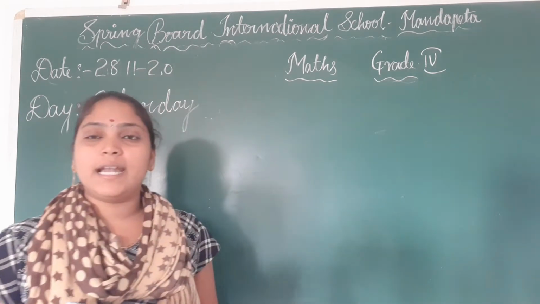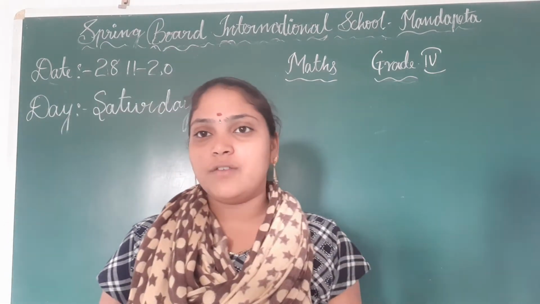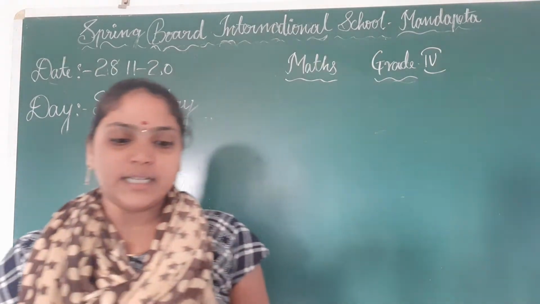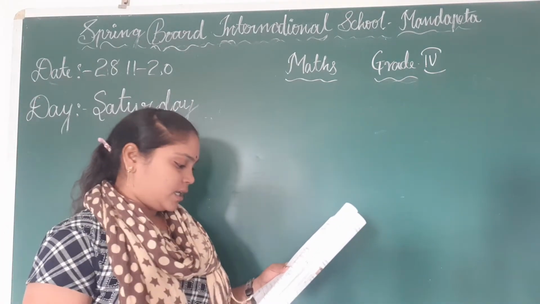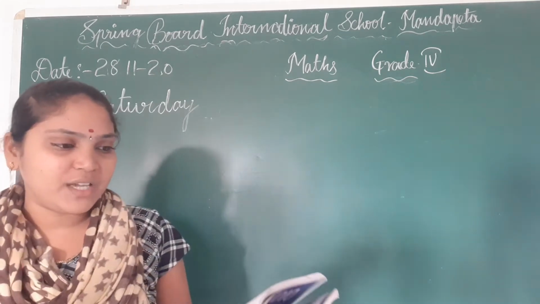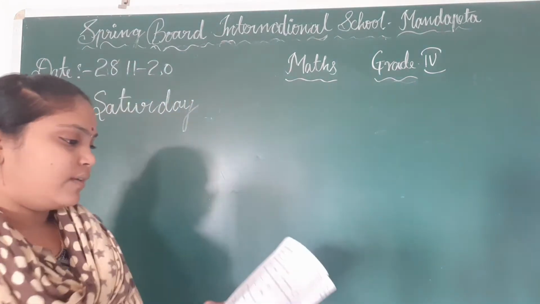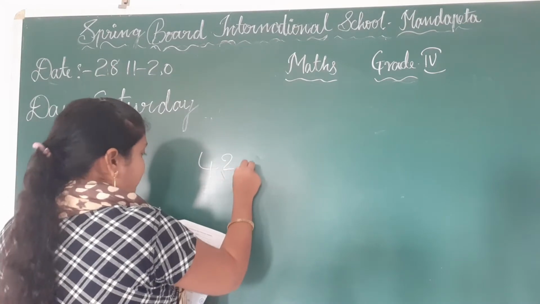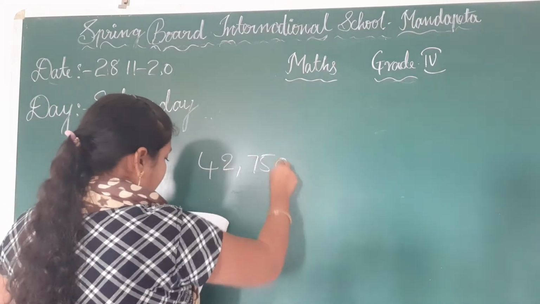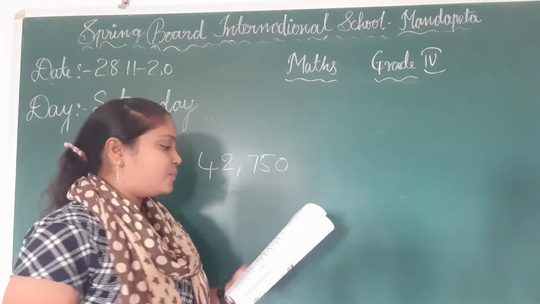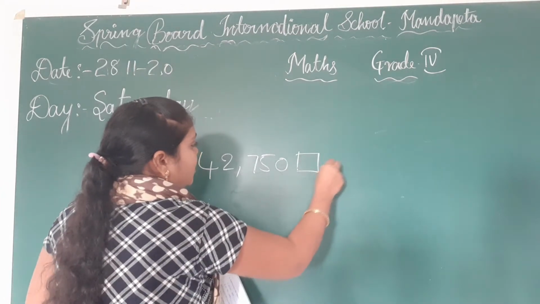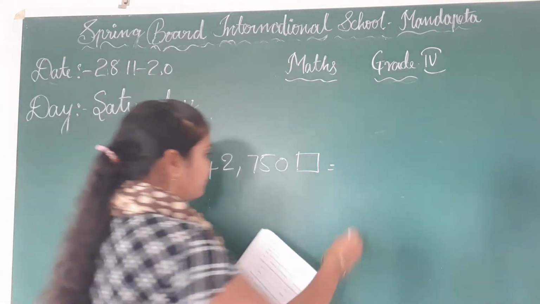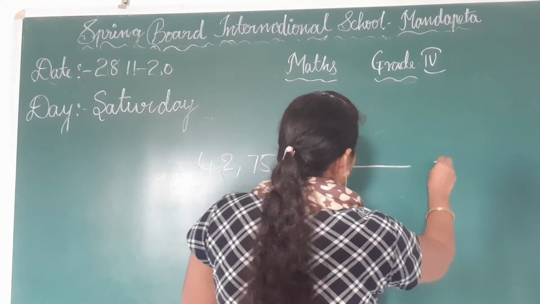If you are adding 100 means the 100 place of the digit changes, and adding 1000 means the thousands place of the digit changes. And let us open page number 58 children. Fourth one. Complete the statements by writing the correct option and the number. Here no operation is given.